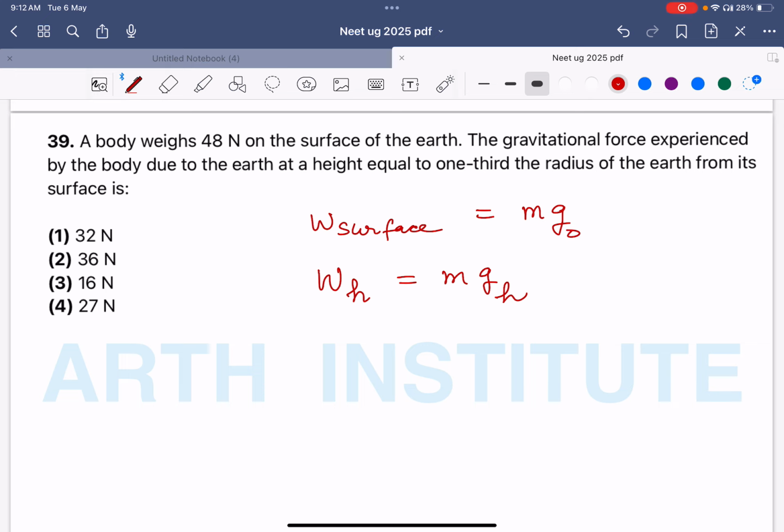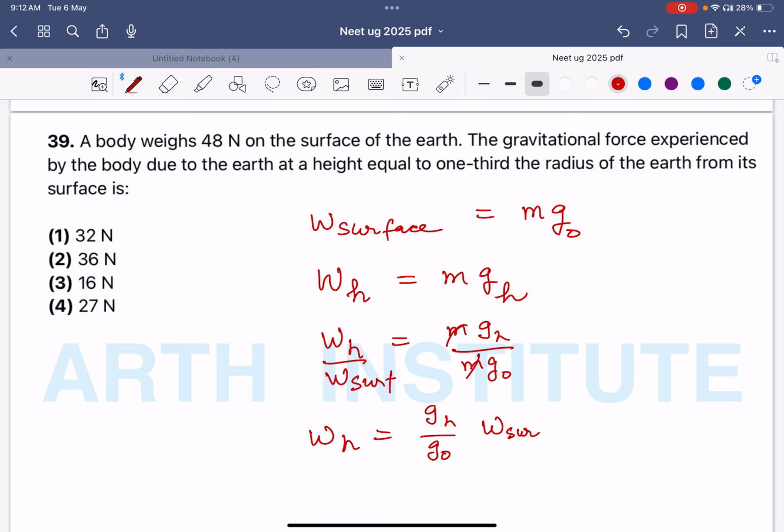So if you want the weight at a height h, divide by the weight at surface. This is m gh divided by m g naught. So basically weight at the height h is equal to gh divided by g naught into weight at the surface.